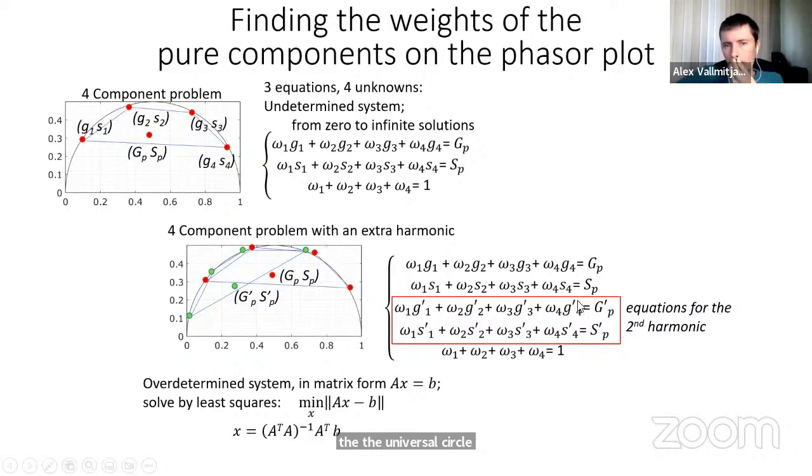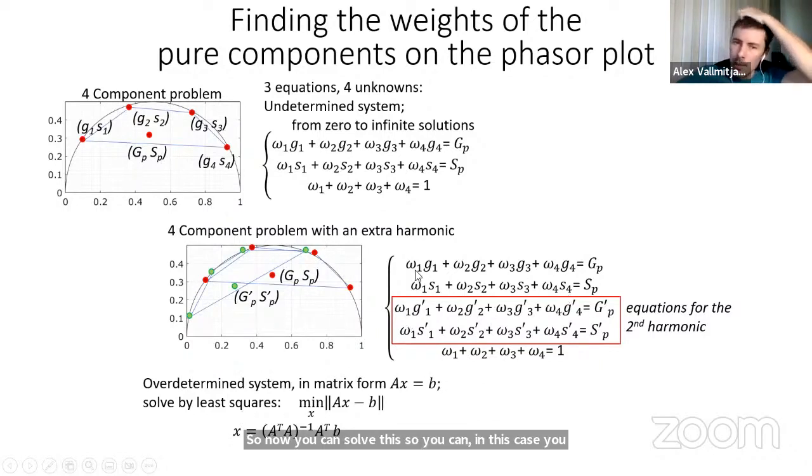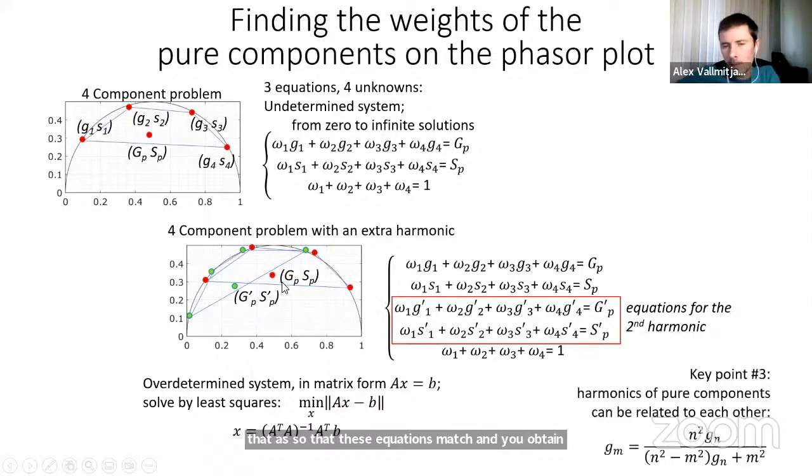In this case, you even have an extra equation. You can solve it by least squares, minimizing the values of the weights so that these equations match, and you obtain the weights for these values here. Again, using the fact that you can relate the second harmonic of the pure components to the first. So you can express G second harmonic in terms of G first harmonic, and so on, for the pure components.